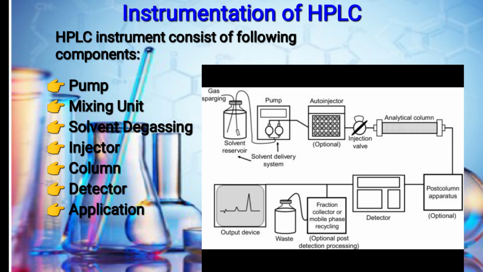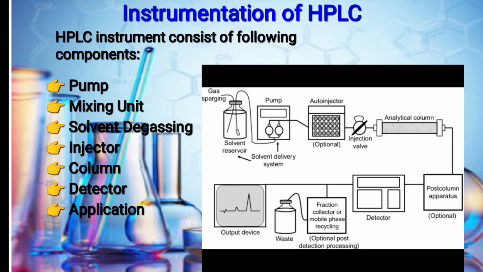If these gases enter our mobile phase and go to the column, proper functioning of the column will not be there, means proper separation will not happen. So the degasser removes the gases in the solvent.